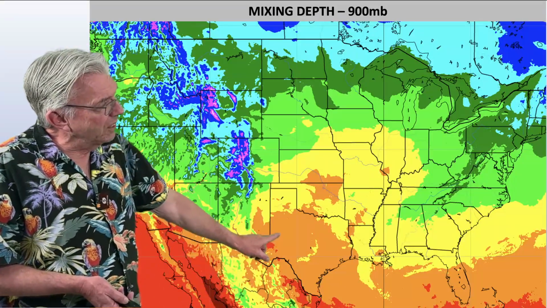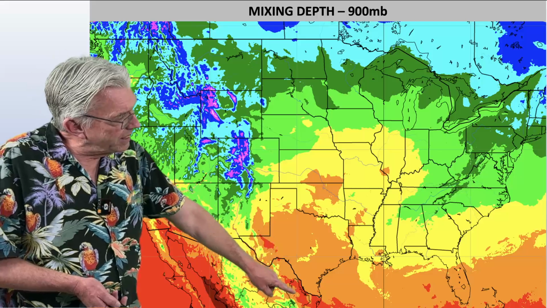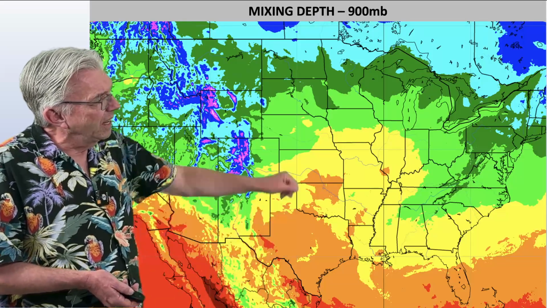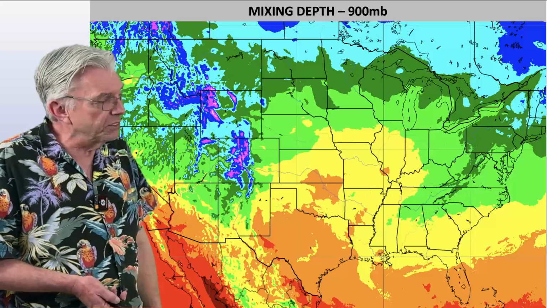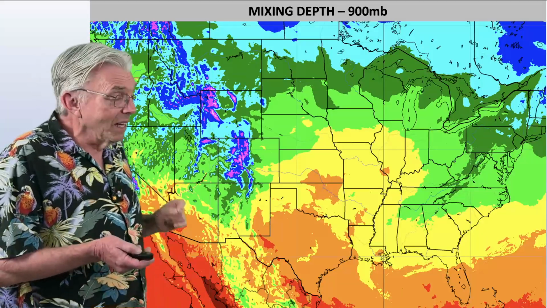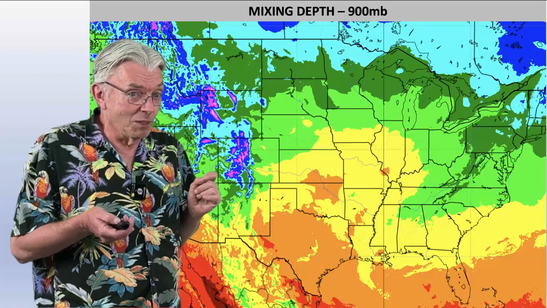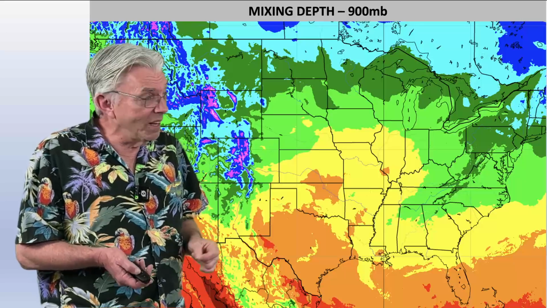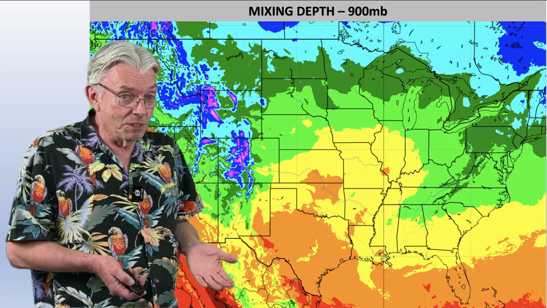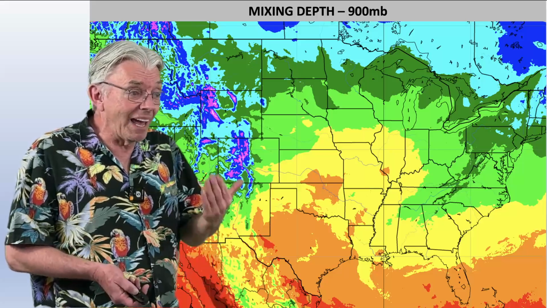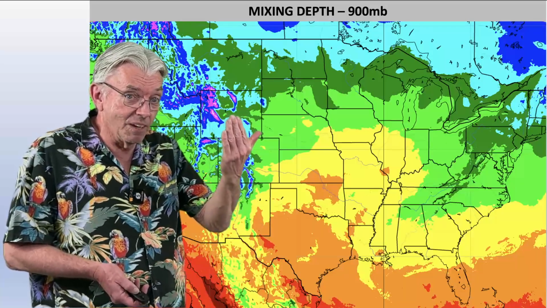When you look down here at these colors here, these are 70s, the reds are 80s, okay? And then up in here, you have the colder temperatures with 20s and 30s up there. Now, unless the atmosphere is completely dry adiabatic all the way up to whatever level you're looking at, the temperature projections are going to increase as you increase your mixing depth, okay?